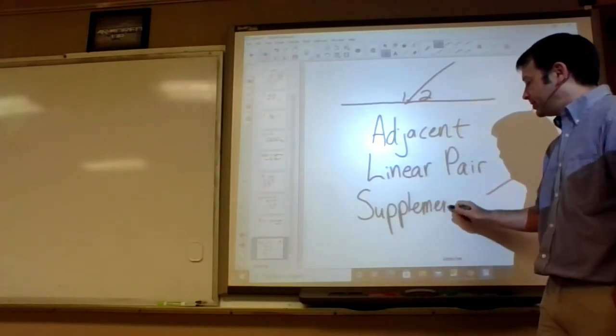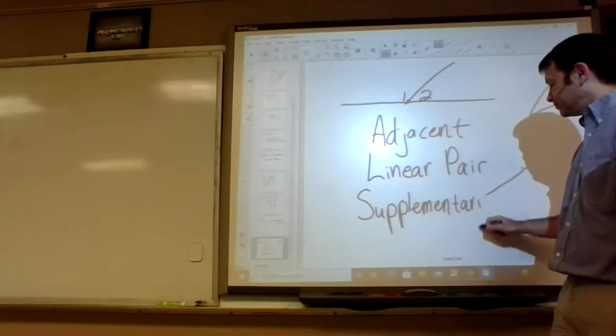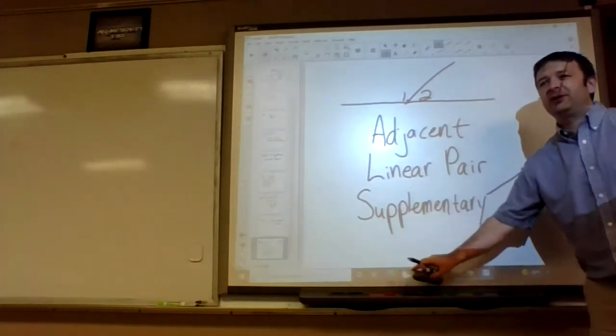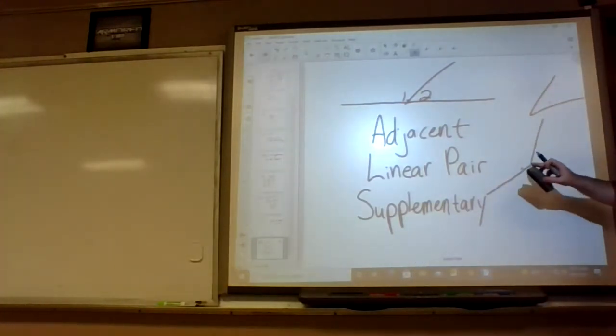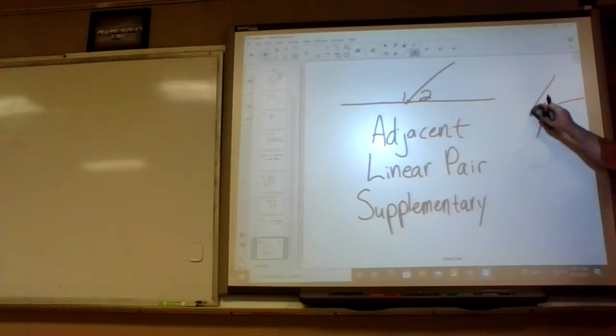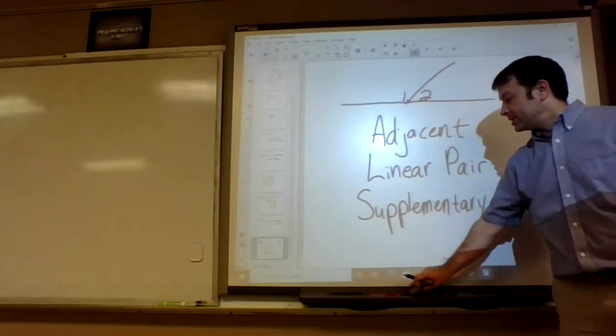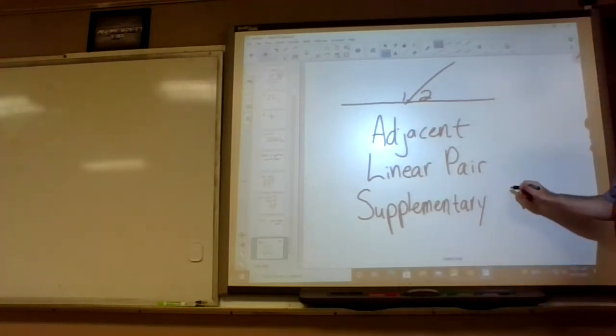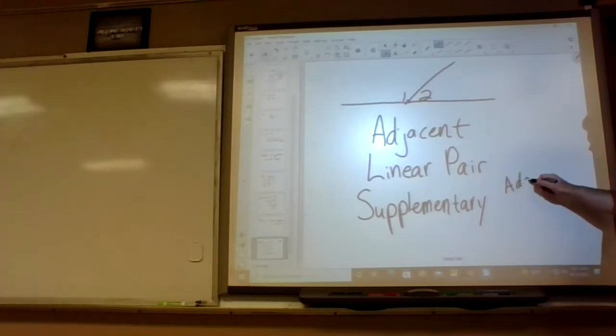Does that ring a bell for anybody? It's probably been like 7th grade, well, maybe 8th grade. Anyway, supplementary angles add up to 180.